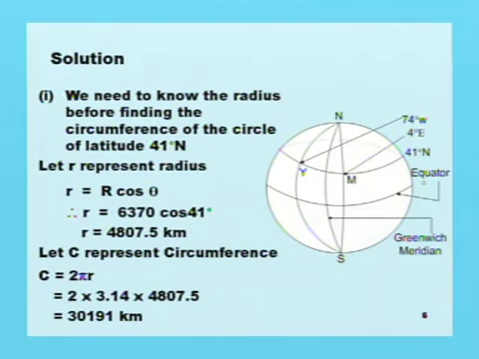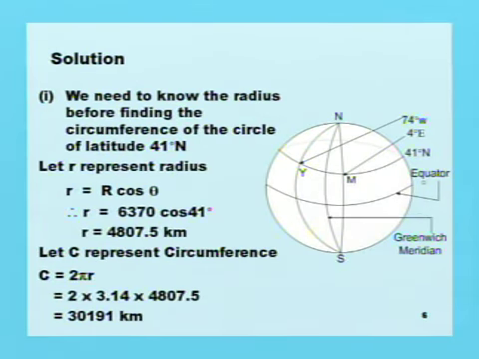The solution. First part. We need to know the radius before finding the circumference of the circle at latitude 41 degrees north. For that circle, we need to establish the radius. So we say let little r represent the radius of the circle at 41 degrees north.